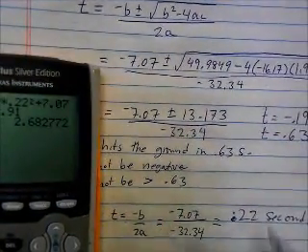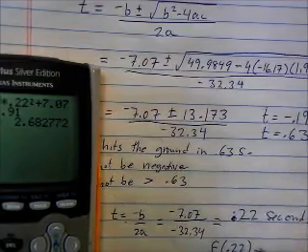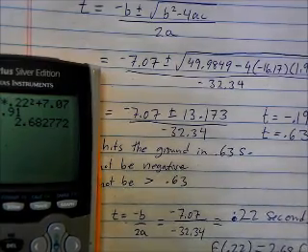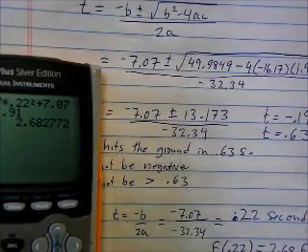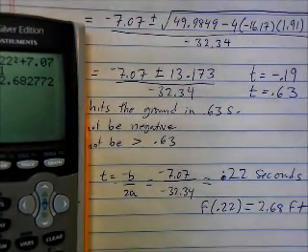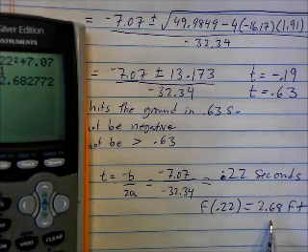So we would say our maximum height occurred at f of 0.22, which is about 2.68 feet. That's when it reaches its maximum. So the maximum happens at 0.22 seconds, and the maximum height is 2.68 feet.